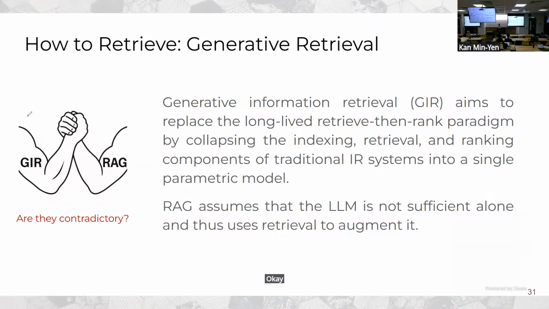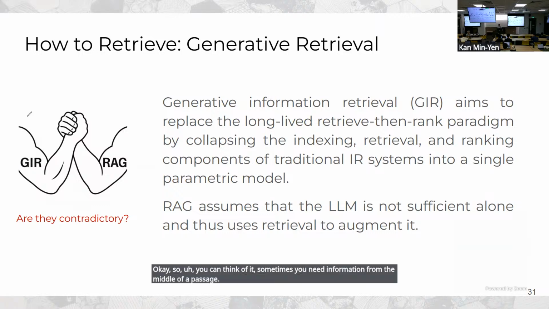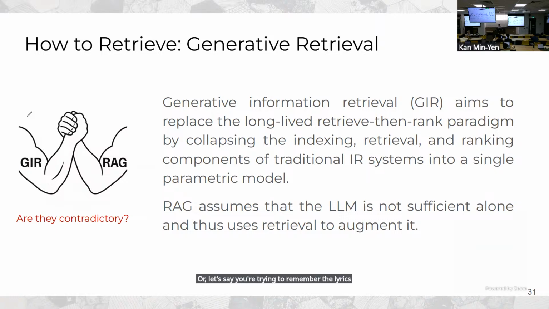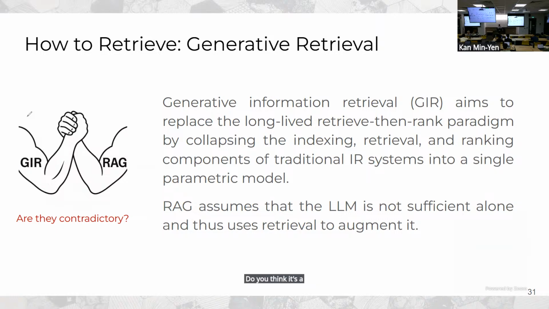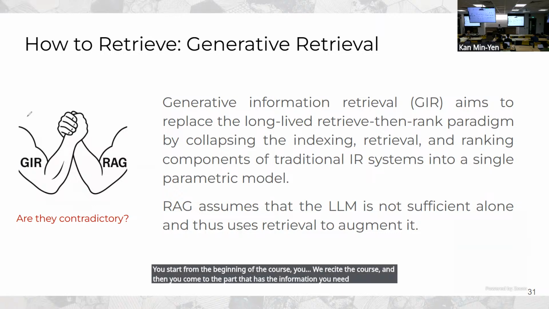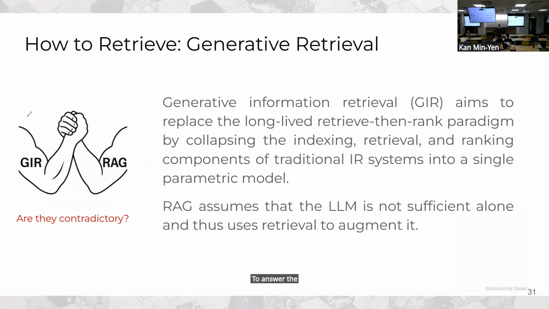Sometimes you need information from the middle of a passage, say you're trying to remember the lyrics of a song, but you can't remember the middle of the lyrics. Then you have to start from some part that you remember. You start from the beginning of the chorus, you recite the chorus, and then you come to the part that has the information you need to answer the question. So that's the idea behind that.